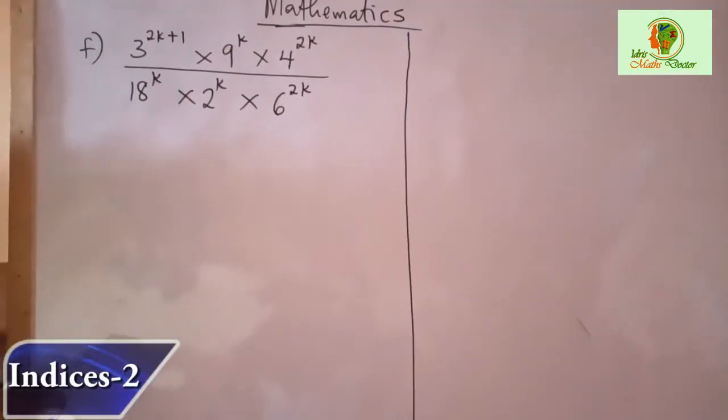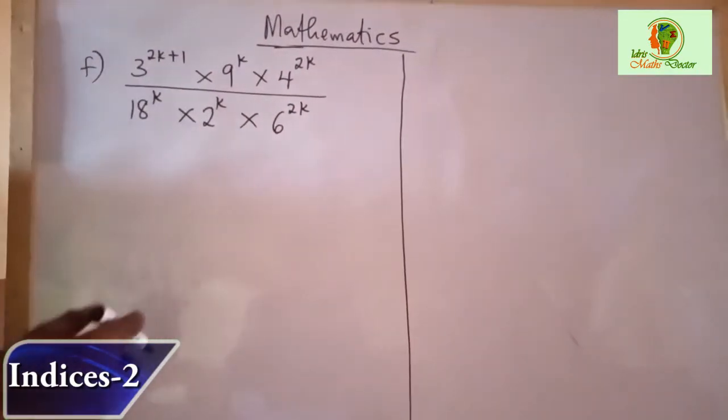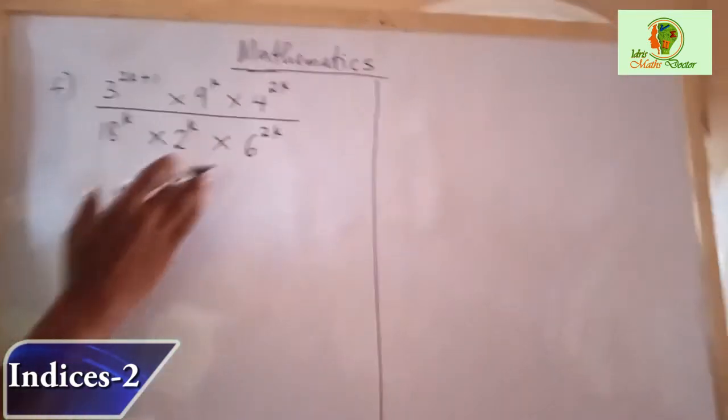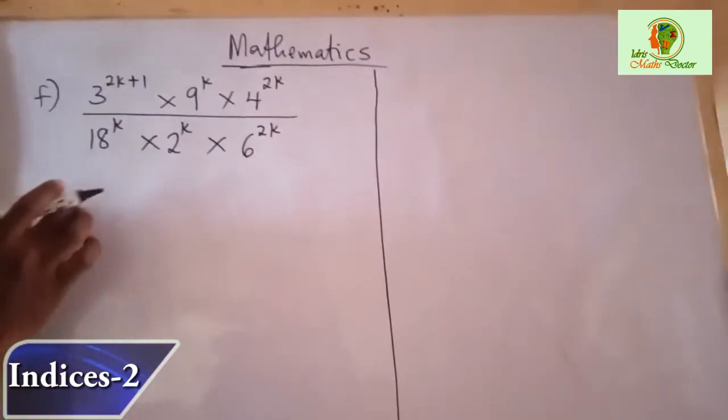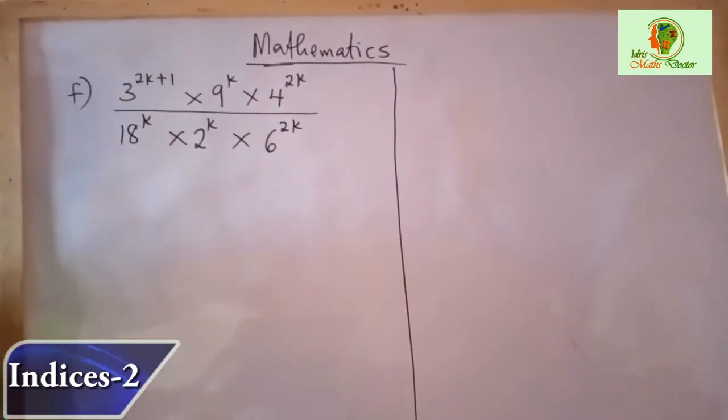Okay, the next question, as you can see on the board, is what? 3 raised to power 2k plus 1 times 9 raised to power k times 4 raised to power 2k all over 18 raised to power k times 2 raised to power k times 6 raised to power 2k.